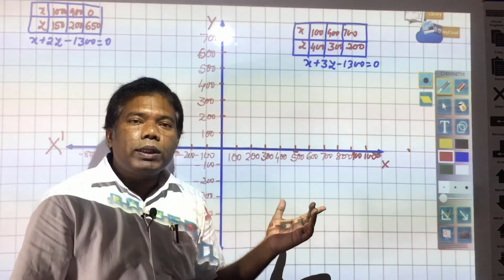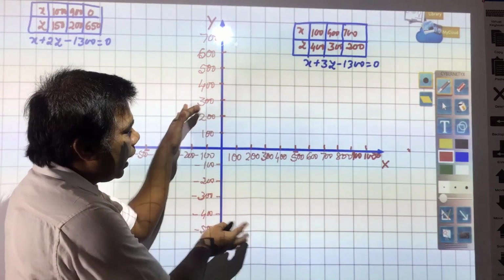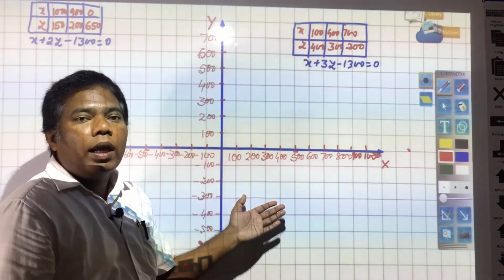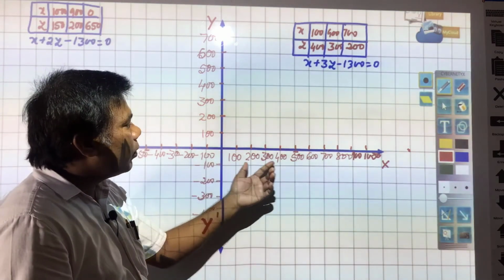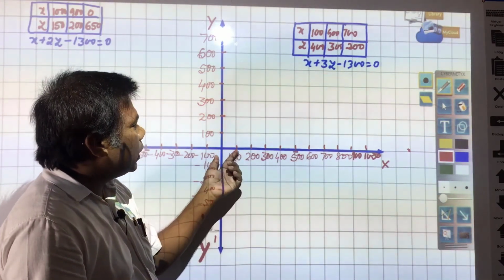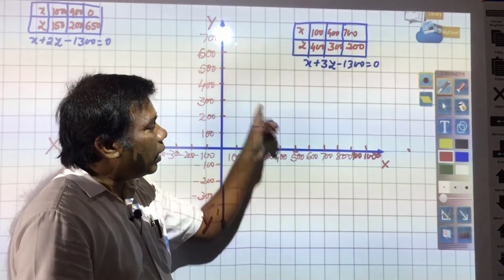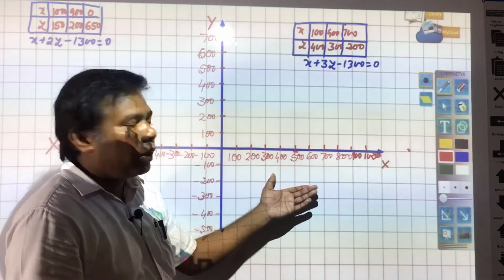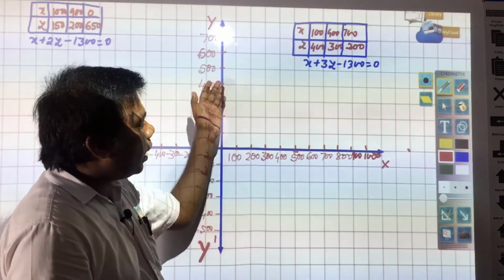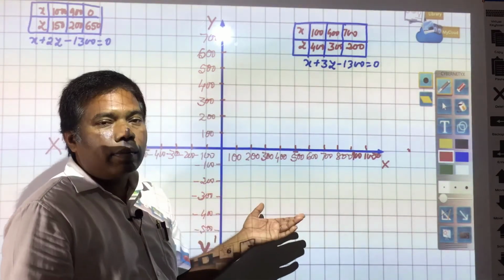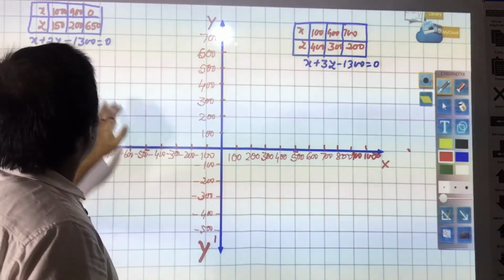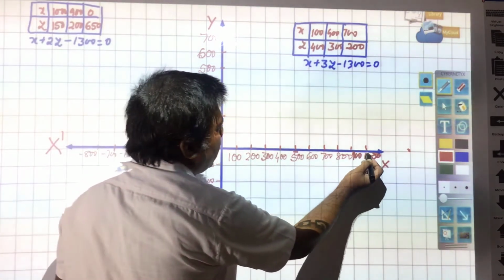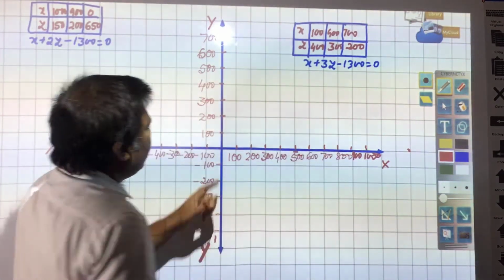You need to see in your graph sheet how much bigger numbers can be plotted, and if bigger numbers are there, how we will divide these squares or boxes so that you will be able to plot the graph on your graph sheet. That is required to be seen.